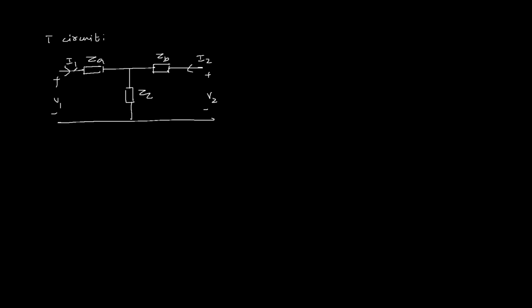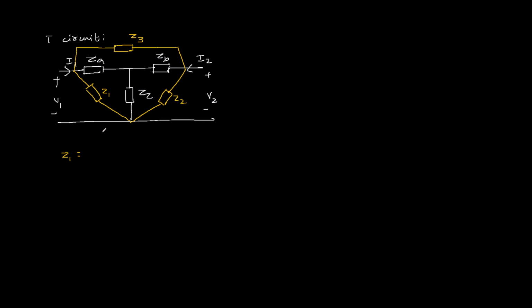Now first of all, we'll convert this star circuit to delta, like this, and the three elements are Z1, Z2 and Z3. I hope you know star to delta conversion. I am writing it directly.